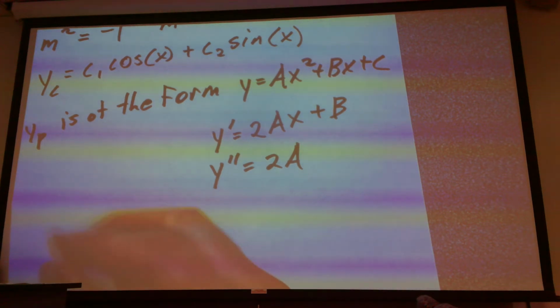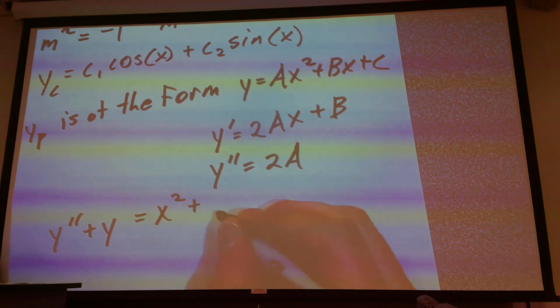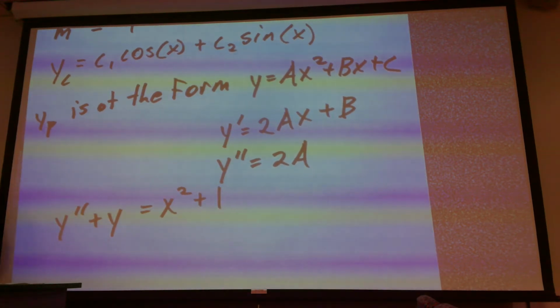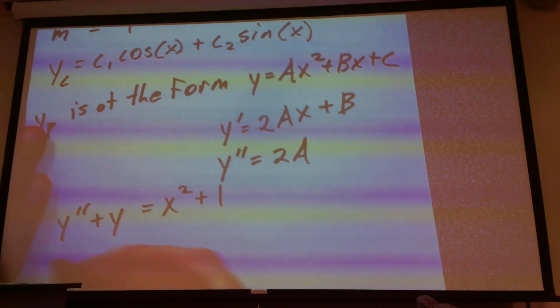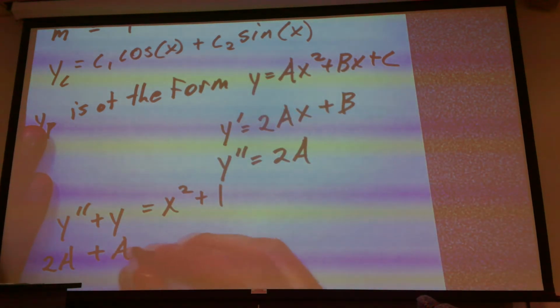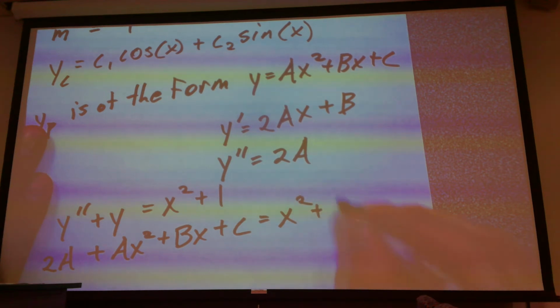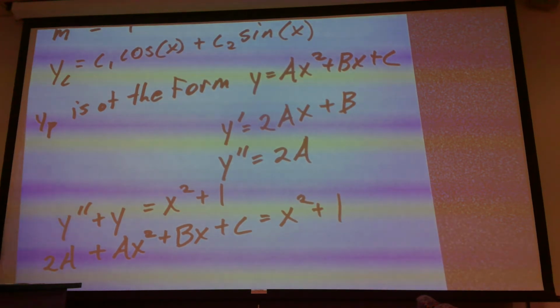So y prime prime plus y is supposed to equal x squared plus 1. So this means that 2a plus, and now let's plug in ax squared plus bx plus c, is supposed to equal x squared plus 1.